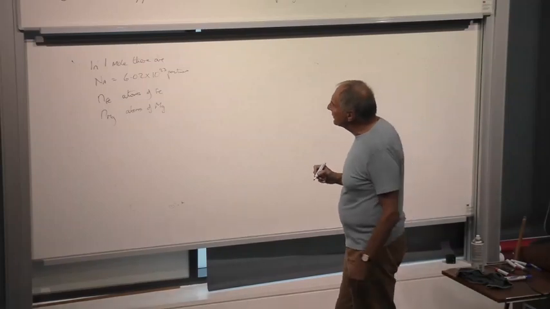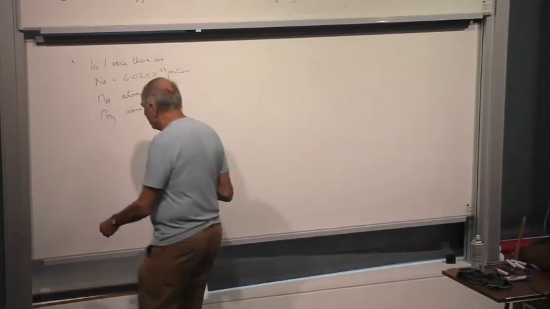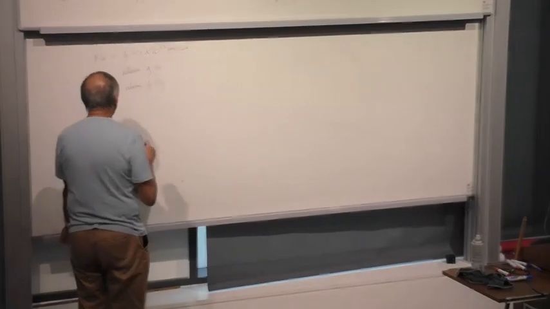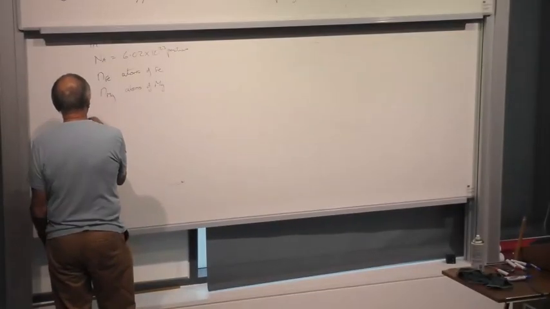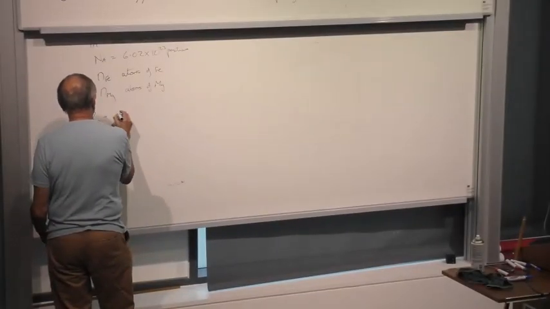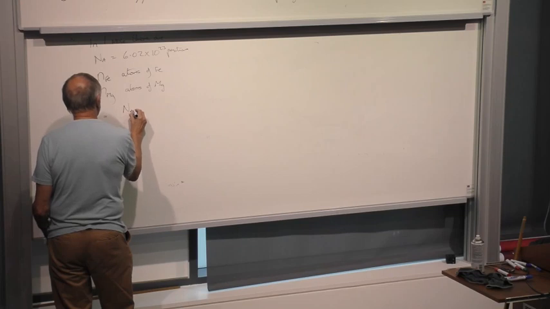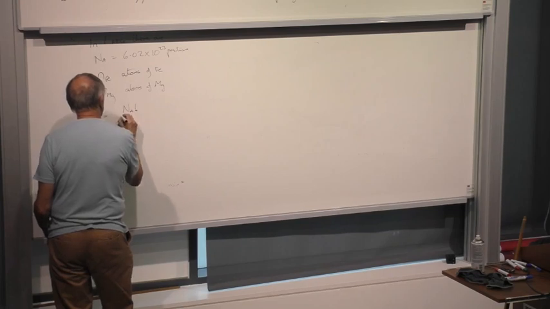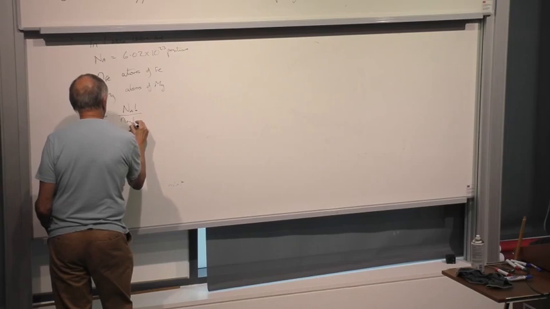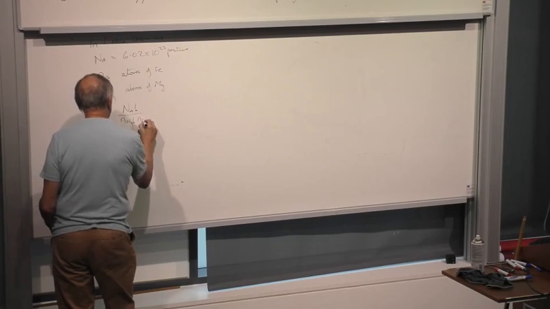So the permutability then will equal Avogadro's number factorial divided by N_Mg factorial and N_Fe factorial.